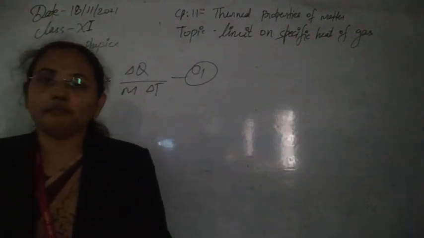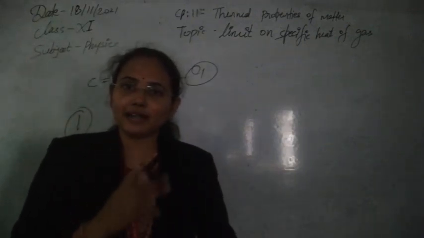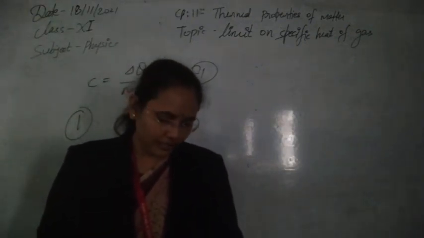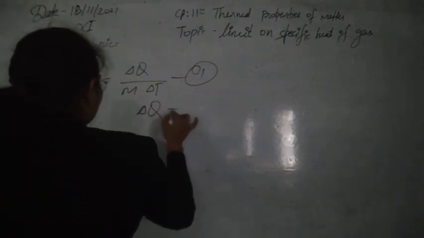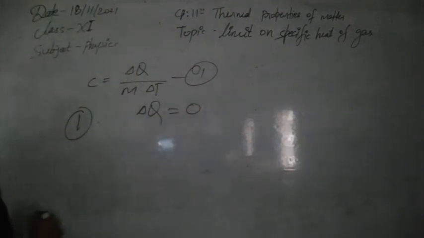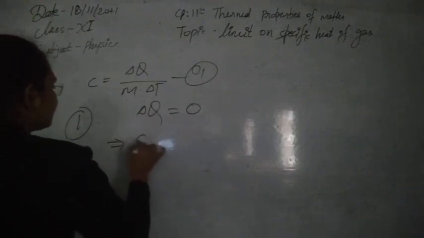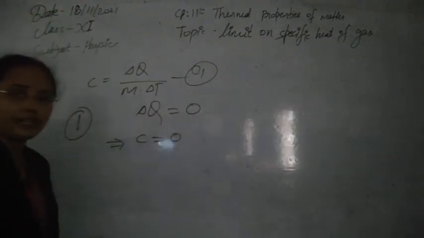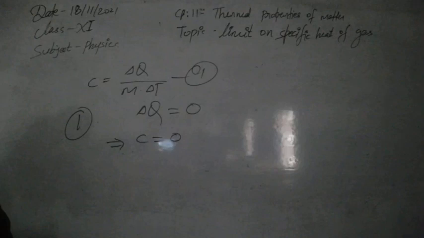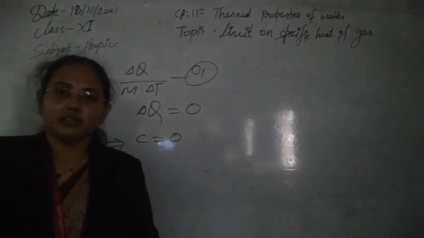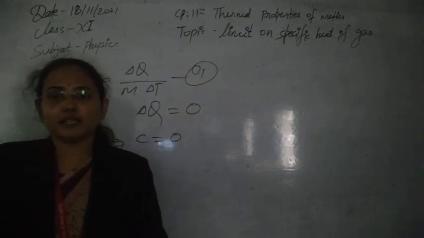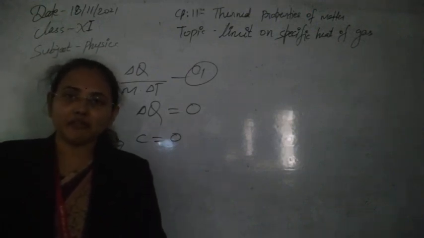Even though the gas is compressed, no heat is supplied, so no heat is required to compress the gas and delta Q is 0. If delta Q is 0, then C will obviously be 0, and we cannot define the specific heat in that case. So where sudden compression takes place in gases, specific heat vanishes.